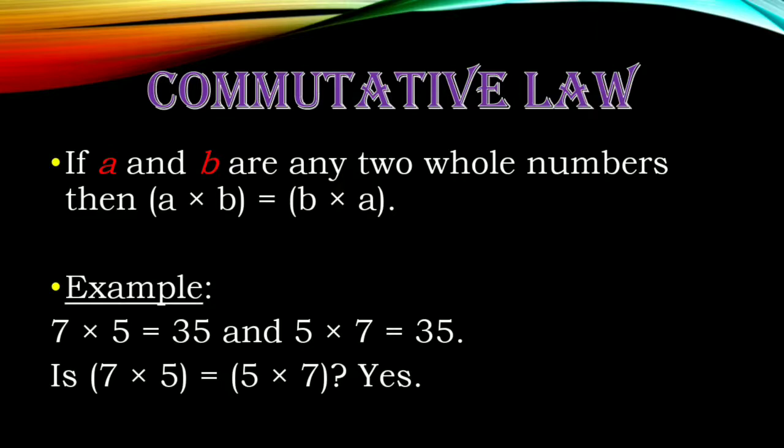Let us take an example. 7 and 5 are two whole numbers, and if 7 and 5 are multiplied to each other, the product comes out to be 35. And if we reverse the order and we write 5 multiplied by 7, again the product comes out to be 35. So is 7 multiplied by 5 equal to 5 multiplied by 7? Yes, they both are equal.